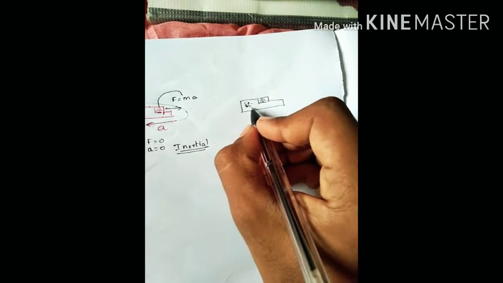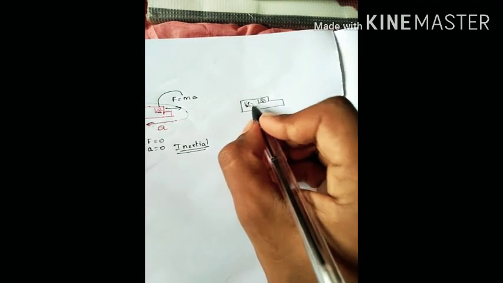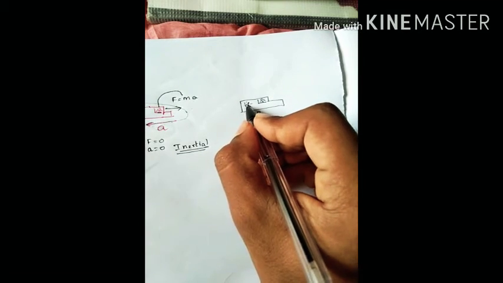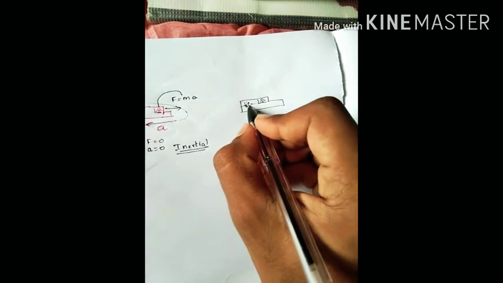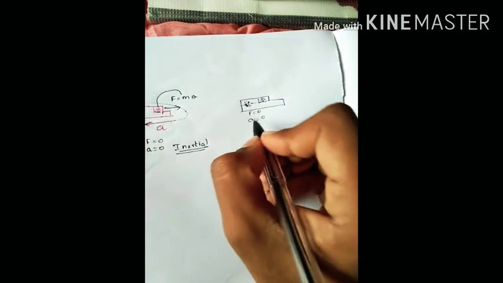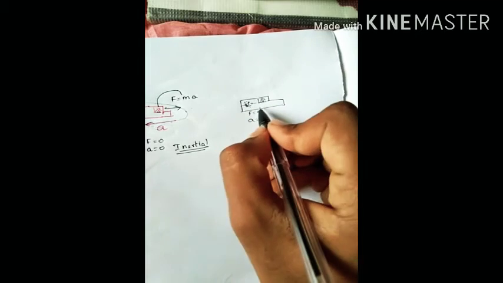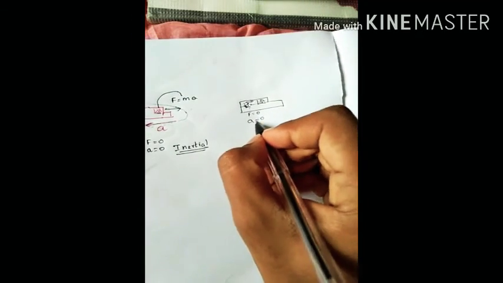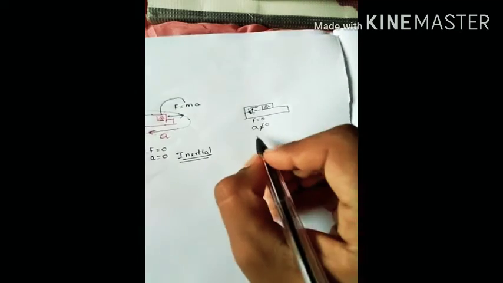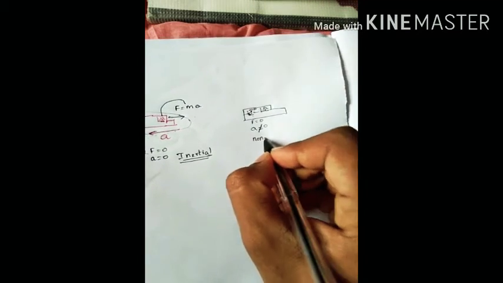Now at this point the net force acting upon me, the backward force and forward force, may be 0, but the acceleration may not be 0. I am also experiencing some pseudo force, so I seem to be moving. So the acceleration must not be 0. This is the case of a non-inertial frame.